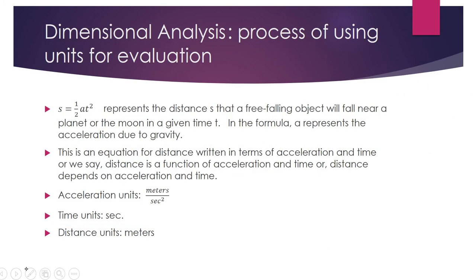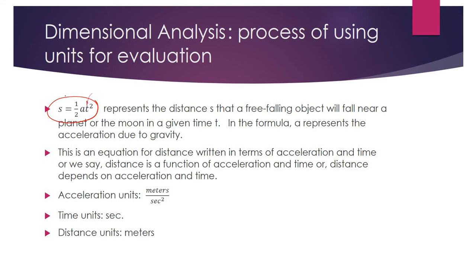All right, let's do one more with a little bit more complicated formula. Dimensional analysis. This is the process of using units for evaluation. So we're going to look at the units as we do this. Here's a formula that we give you, and this formula represents the distance s, so s is distance, that a free falling object will fall near a planet or the moon in a given time t.